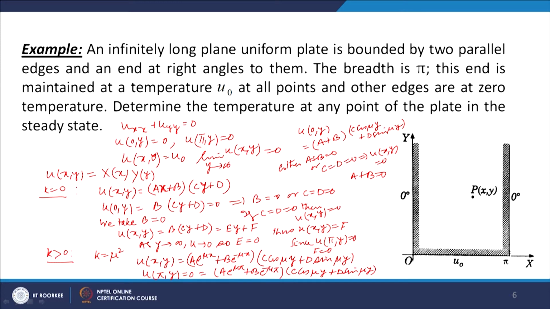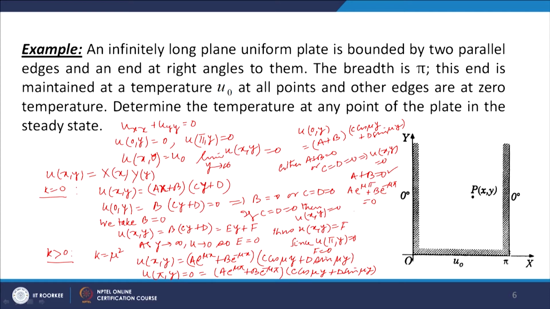Either a e^(μπ) + b e^(-μπ) is 0, or c equal to d equal to 0. C equal to d equal to 0 makes u(x,y) equal to 0, so it is not possible. So, we have a e^(μπ) + b e^(-μπ) equal to 0. Now, from this equation b is equal to minus a.